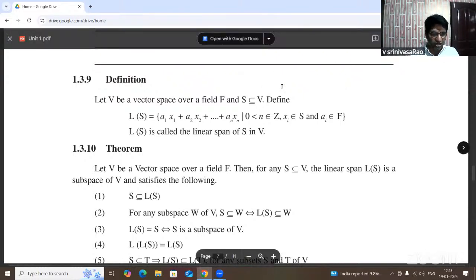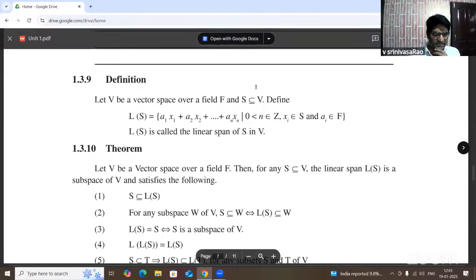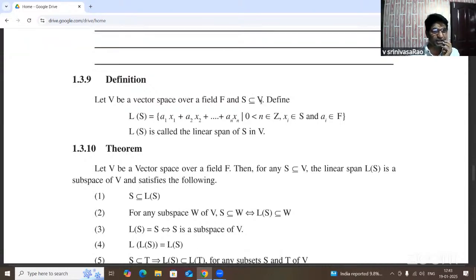S contained in or equal to V. Sometimes in the lower sessions it is read as S is a subset of or equal to V. In higher sessions, S contained in V means S is a subset of V. Define S as any non-empty subset of a vector space, then the linearity condition.